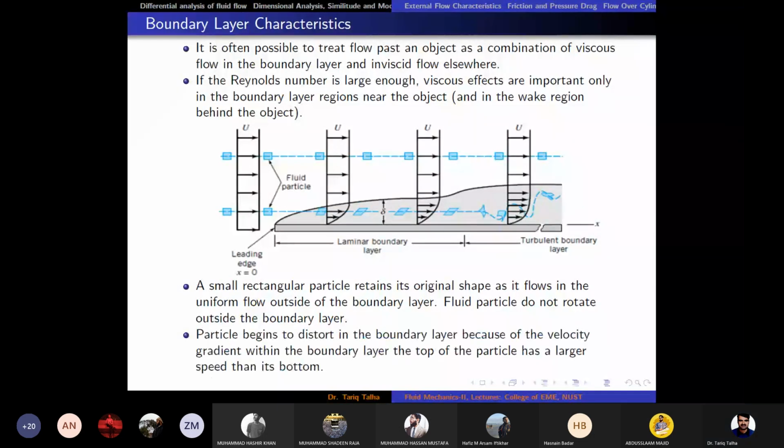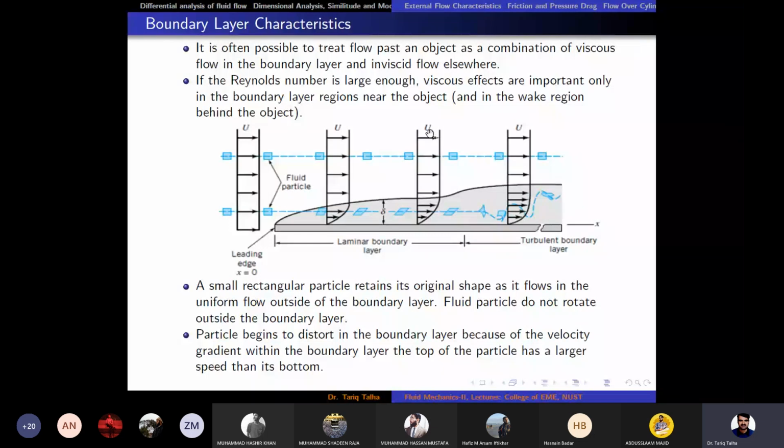Particles begin to deform or distort in the boundary layer because of the velocity gradient within it, and that velocity gradient is shown here. If this is the point where we are measuring the velocity, at the wall the velocity would be 0 and it would increase rapidly. Up to that point the velocity would be less than 99% of the free stream velocity, but after that you can see a uniform value of velocity everywhere in this region.